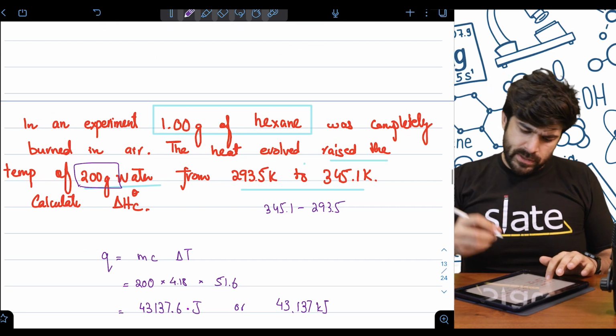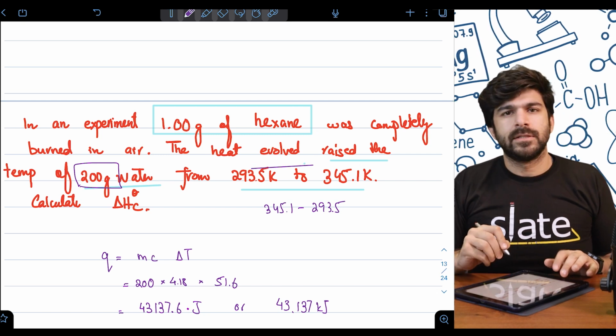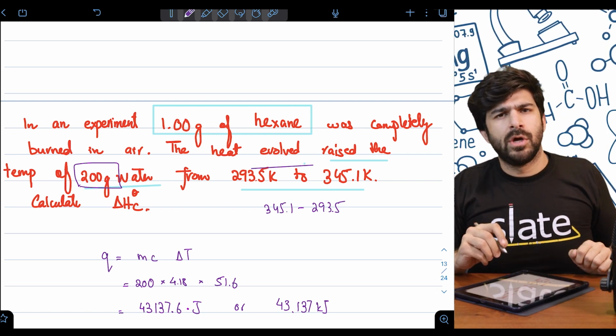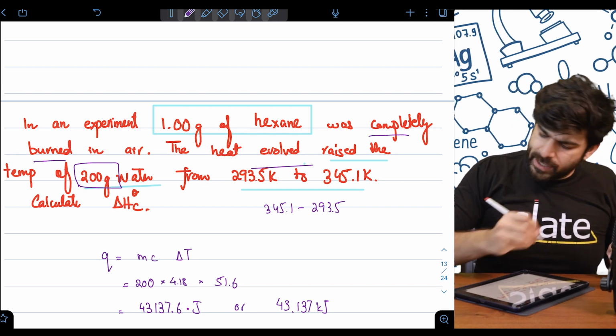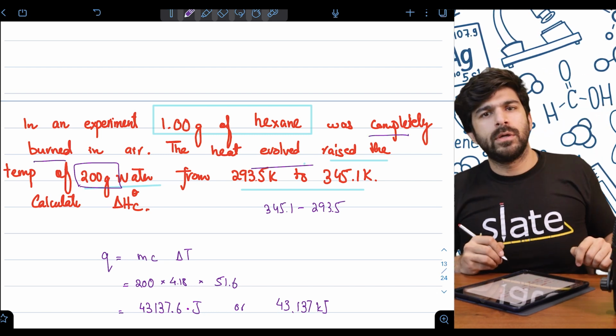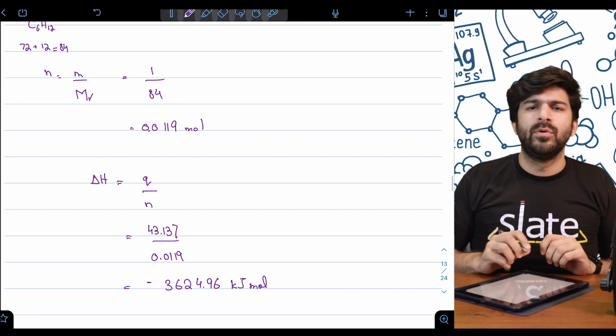But two things. One, did it increase the temperature? Yes. So it means it's an exothermic reaction. Or even if you don't know about it, completely burned in air, we're talking about a combustion reaction. So the negative sign should be added by you.